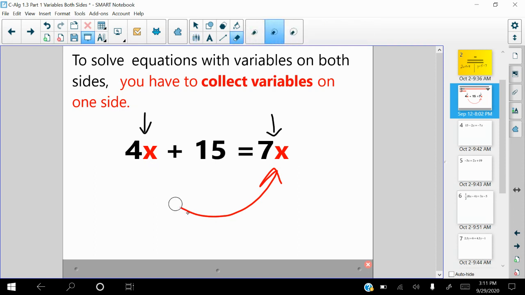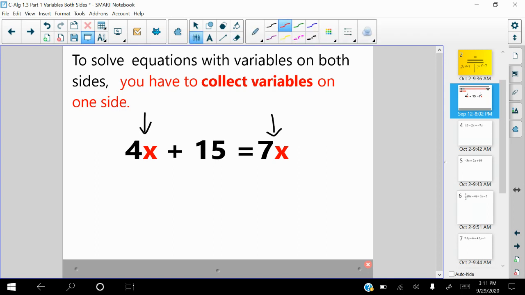But generally speaking, if possible, we want to have that variable be positive. That way, when we get down to solving these more difficult problems, we're going to have a positive coefficient, meaning that we're dividing by a positive and thus reducing the chance of having some kind of error.